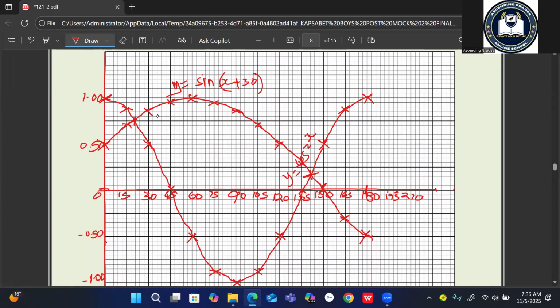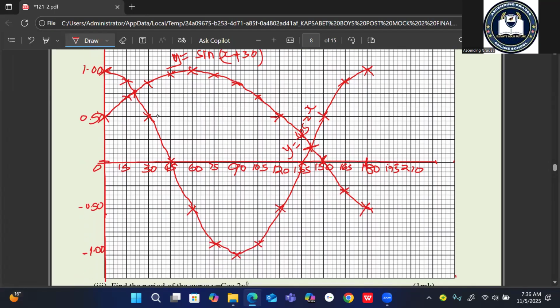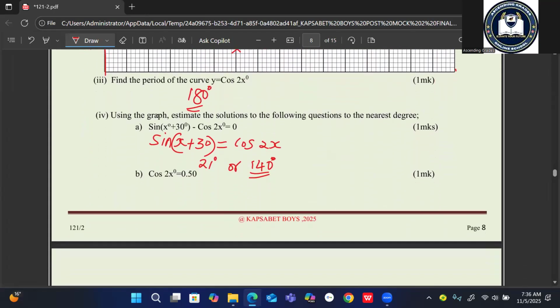So it's either 30 degrees or 150 degrees. So that is 1 mark.